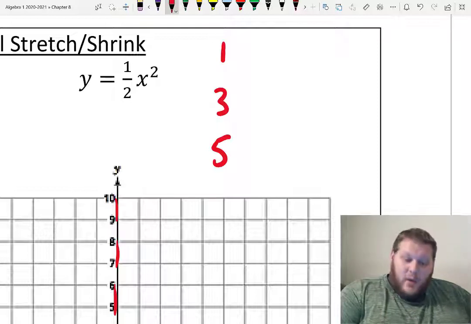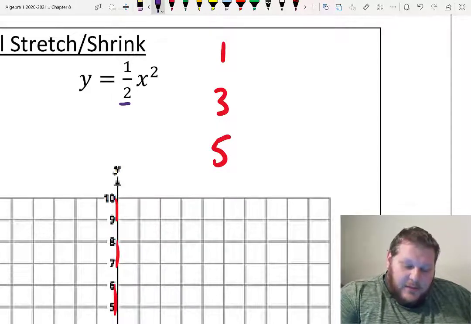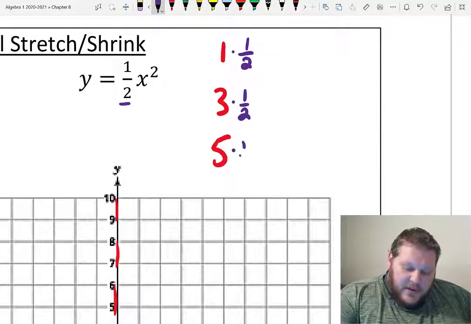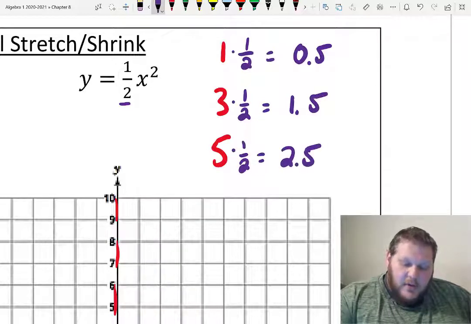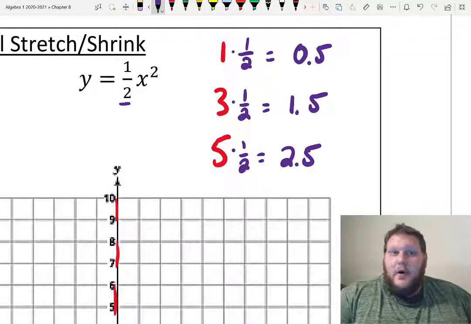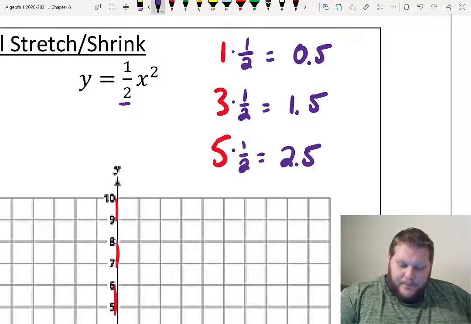So I'm going to take that 1/2 and multiply it by my vertical change. So I'm going to take half of those amounts. So instead of going up 1, 3, and 5, we're going to go up 1/2, up 1.5, and then up 2.5, because that's half of 1, half of 3, and half of 5.